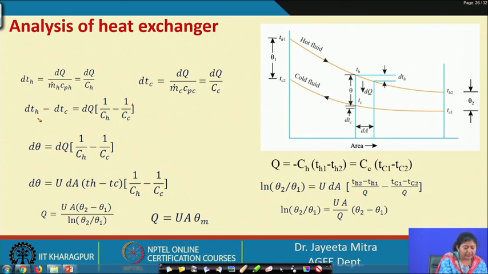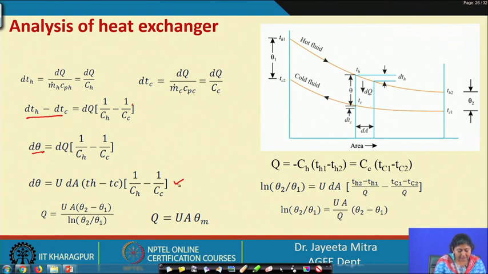Okay. And again we can term this as d theta, right. So, d theta equals dQ into 1 by Ch minus 1 by Cc, and dQ will be written as U into dA, the differential area, into Th minus Tc, the temperature difference between the two streams in the area dA, right.